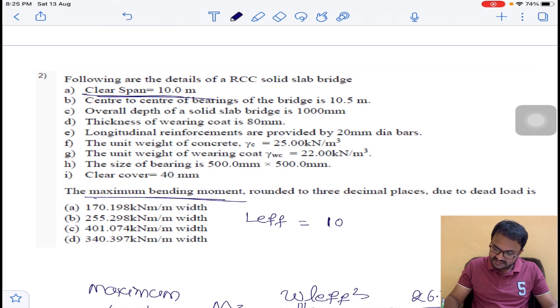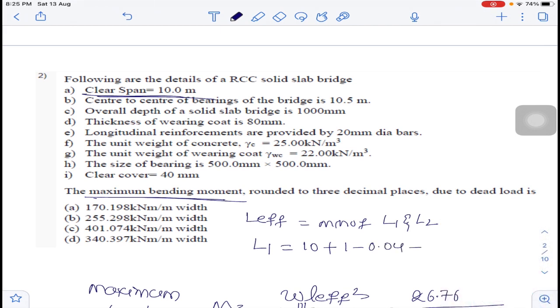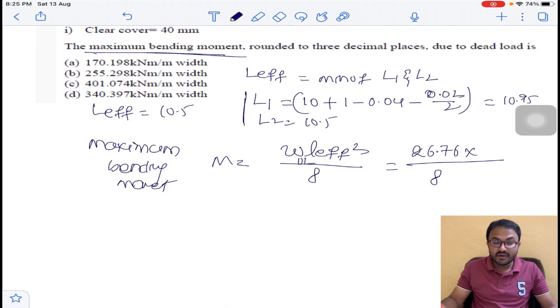He has given clear span as 10. So L effective can be taken as the minimum of L1 and L2. L1 is equal to clear span plus overall depth minus clear cover 0.04 minus half of the diameter, that is 0.02 divided by 2. If you calculate, you will get L1 is equal to 10.95, and L2 is the center to center span he has given directly, 10.5. Out of these two values, L effective can be taken as 10.5, the minimum of L1 and L2.